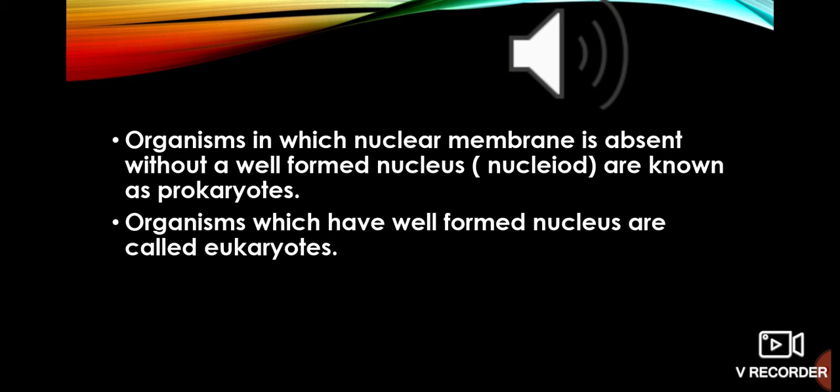It is not well formed, but certain scattered structures are present there. Such organisms possessing a nucleoid are known as prokaryotes, for example bacteria, whereas those which have a well-formed nucleus with all the organelles inside are known as eukaryotes, and eukaryotes include all organisms except bacteria.